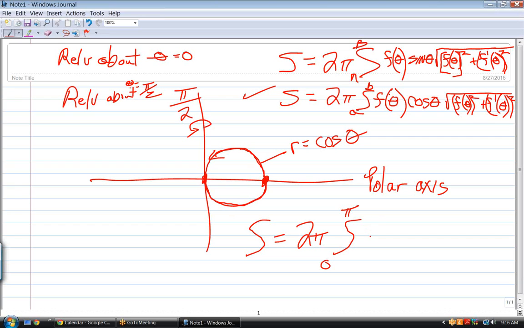Okay, and now f of theta is cosine theta, times cosine theta, times the square root of cosine squared theta.